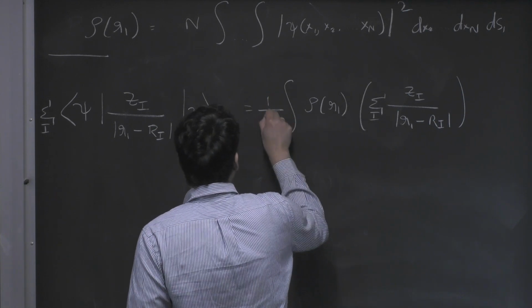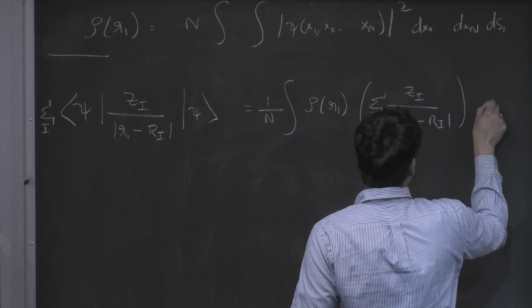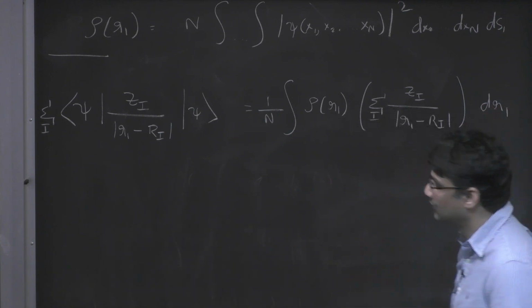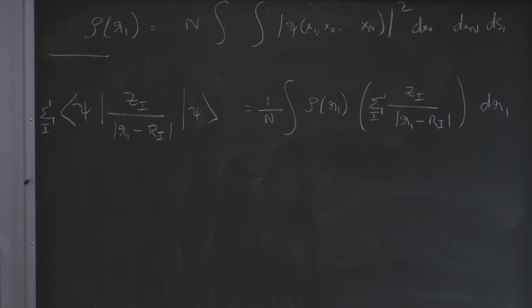And then there's going to be a 1 over N because there's an N factor there, and that's going to be dR1.